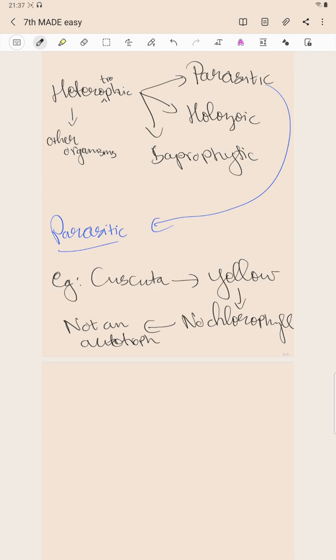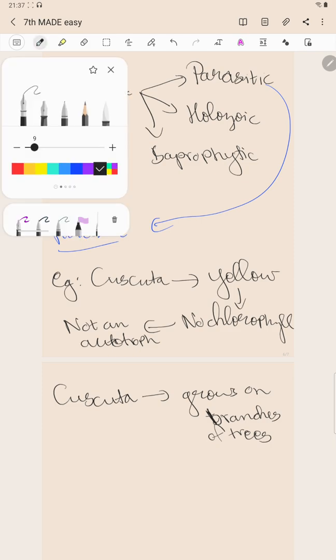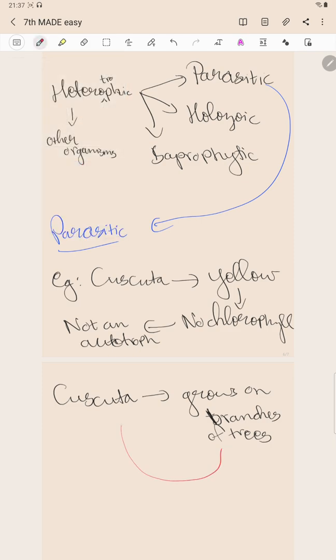So what happens is this Cuscuta grows on other plants, grows on trees, grows on the branches of trees, and then it derives its nutrition from these trees. So in your textbook figure 1.5, it can be seen that there is a yellow wiry thing which is growing on the branches of the trees.